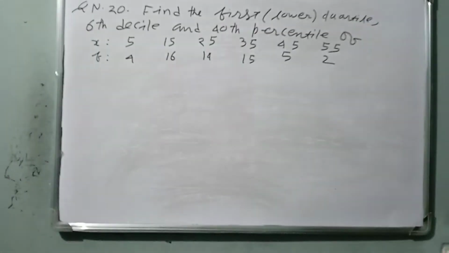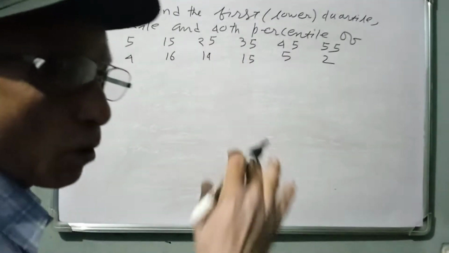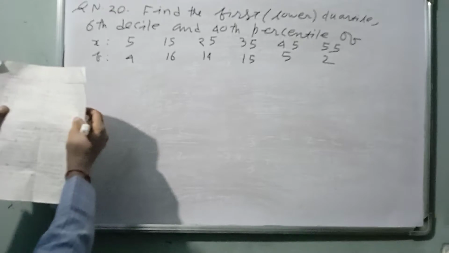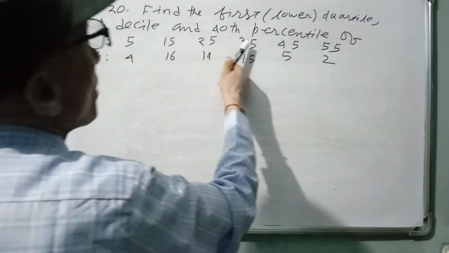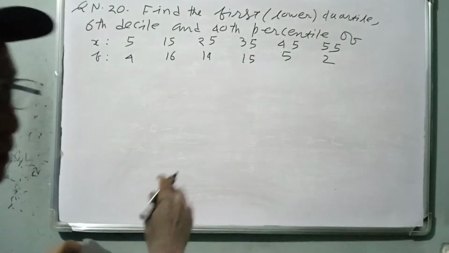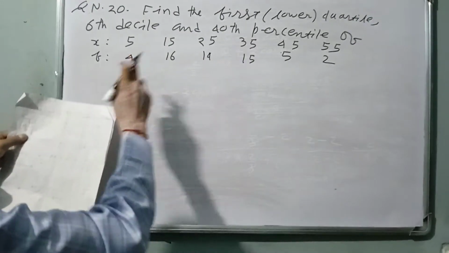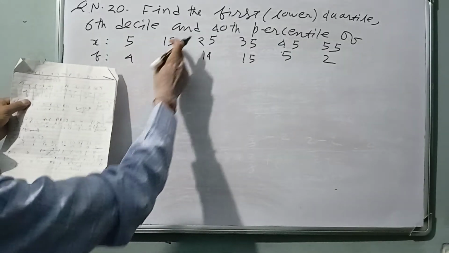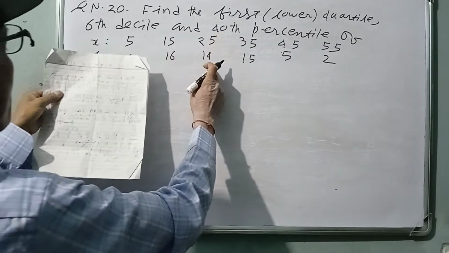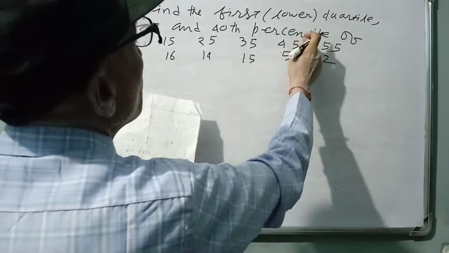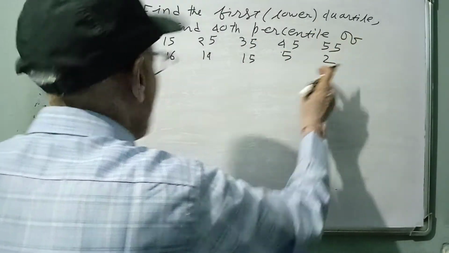Students are advised to check the question. Before solving the problem you have to check the question like this: 5, 15, 25, 35, 45, 55, increasing order. Now check the frequency: 5 is 4, 15 is 16, 25 is 14, 35 is 15, 45 is 5, 55 is 2.